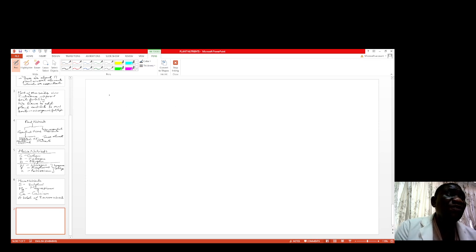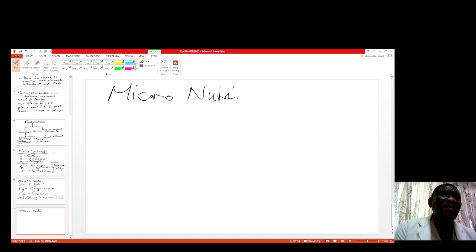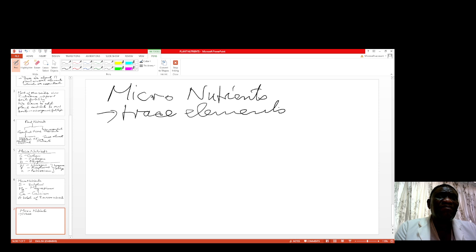Then micronutrients. We can say these are trace elements. And in our fertilizers, they may actually be added.